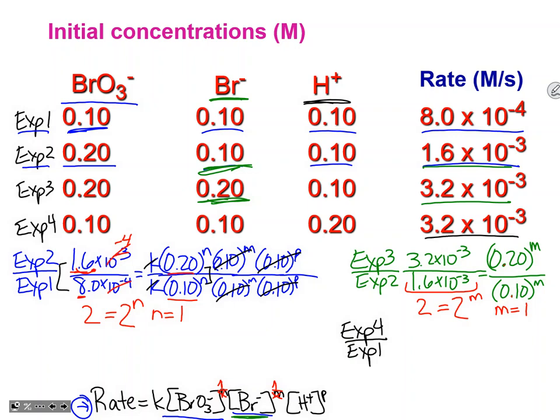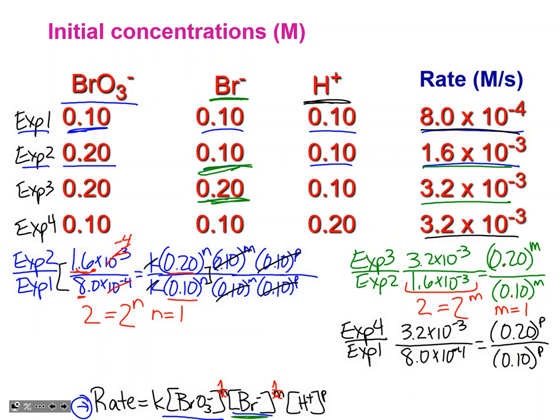So the rate here, 3.2 times 10 to the minus 3 over 8 times 10 to the minus 4. Okay, so this is going to be 0.2 raised to the p over 0.1 raised to the p. And they shouldn't be terribly difficult numbers to deal with.